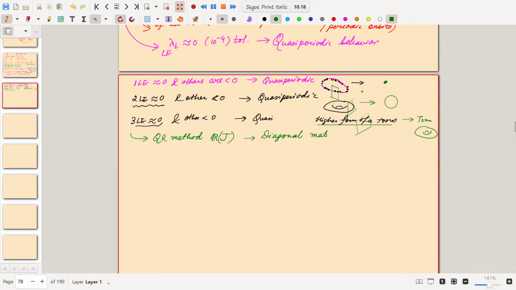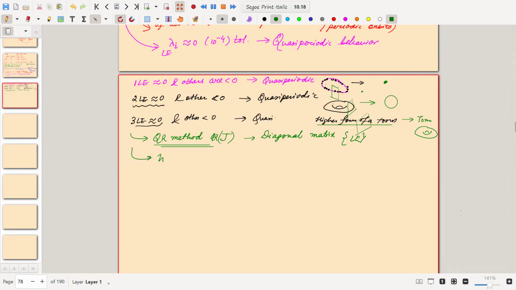All the diagonal entries of the matrix will be the Lyapunov exponents. You can go into more detail on this method, but it is more of a research project. But I am telling you the ways through which you can still compute.